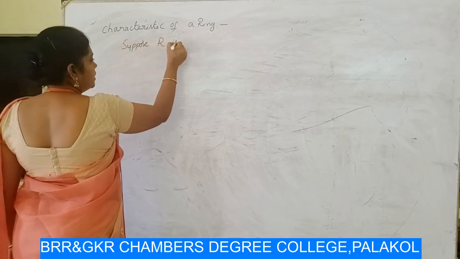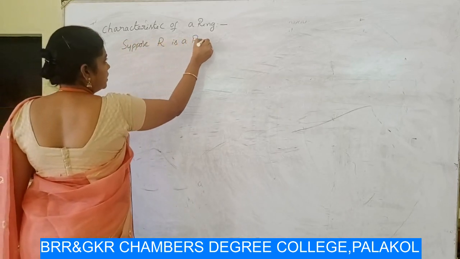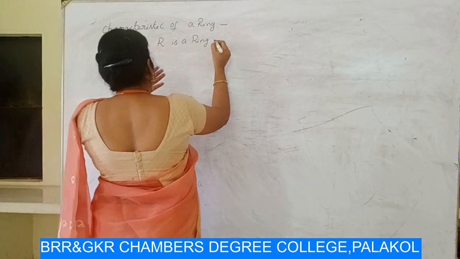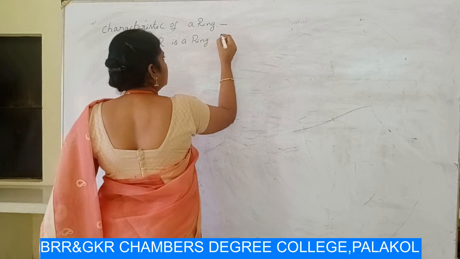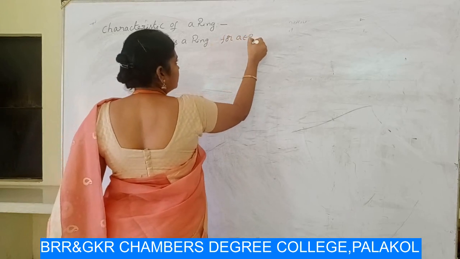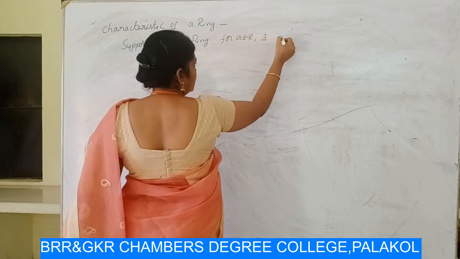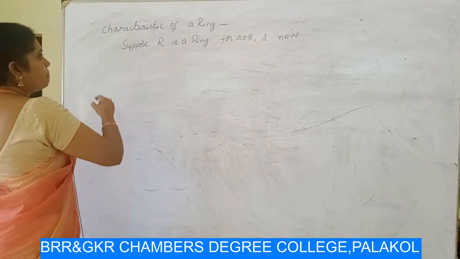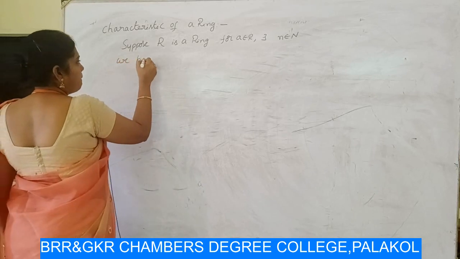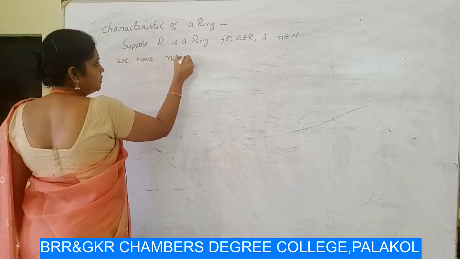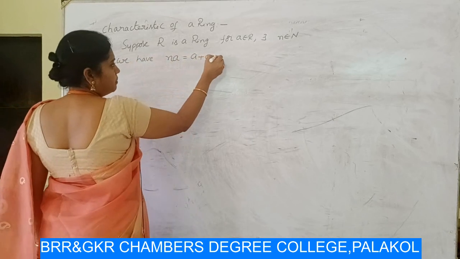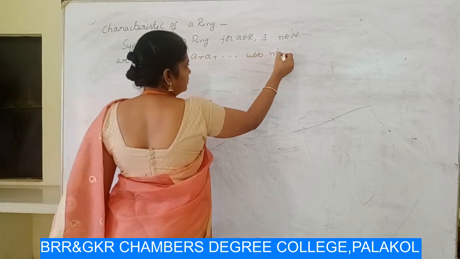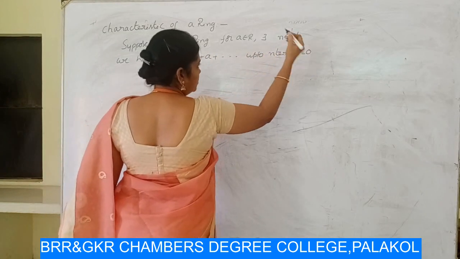For any a belongs to R, suppose there exists a positive integer n such that na is equal to a plus a plus a plus up to n terms is equal to 0.